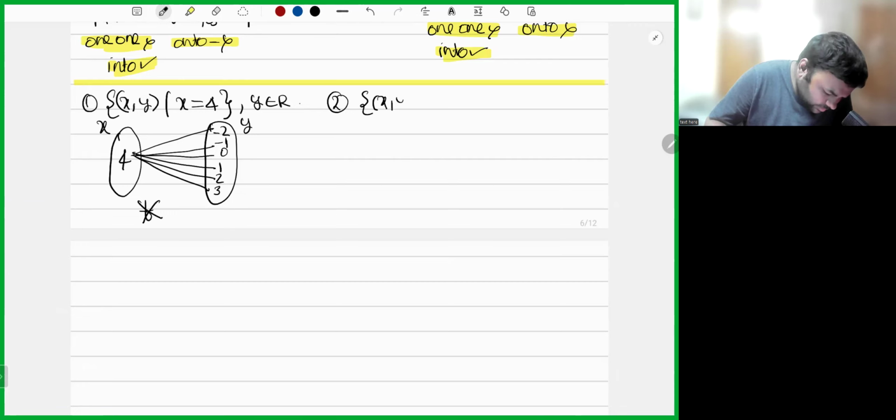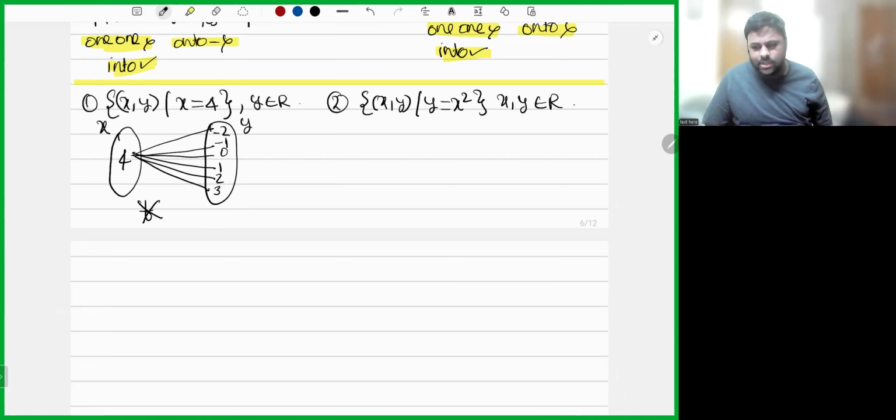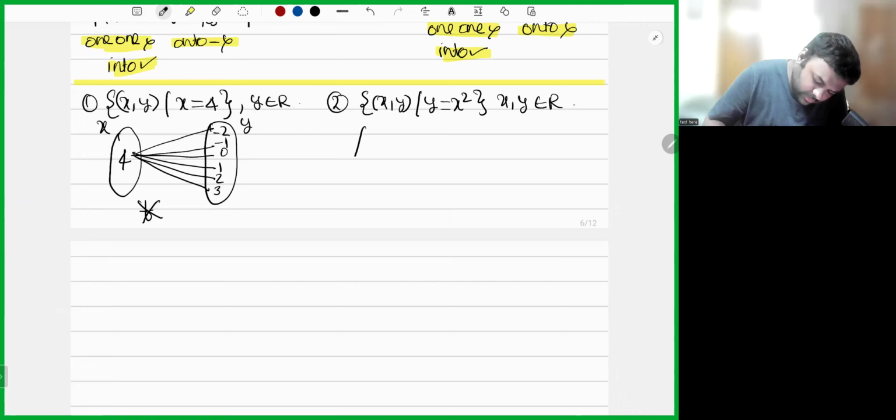The set of (x, y) such that y is equal to x square, and x, y belong to real numbers. Now, I'm taking -2, -1, 0, 1, 2. This is x, this is y.